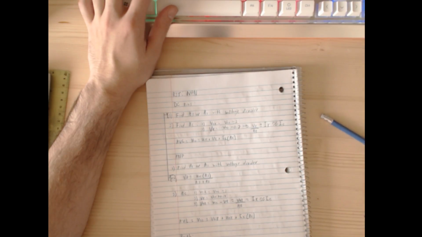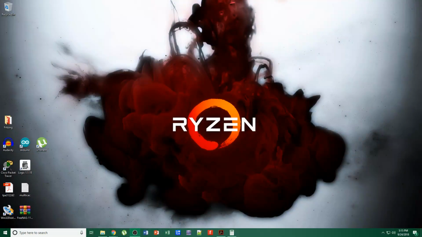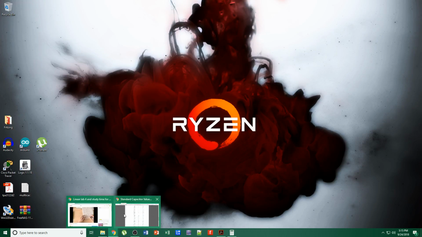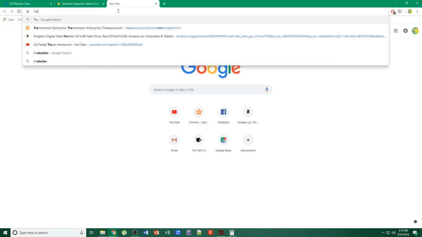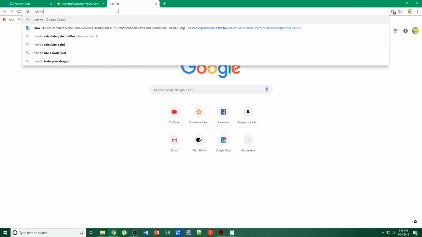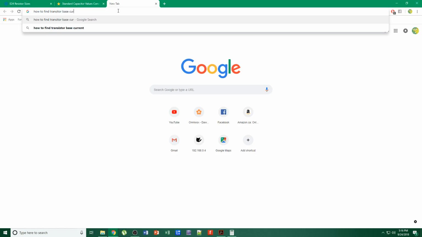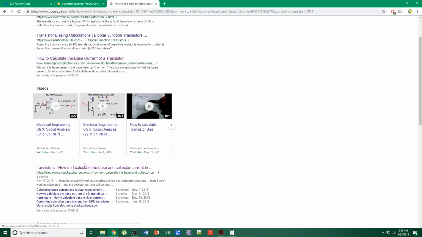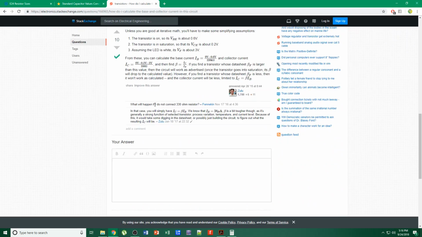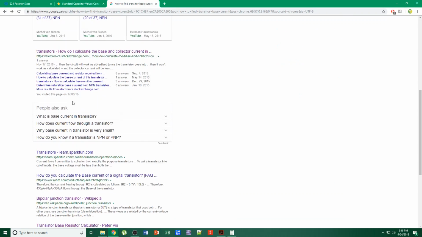Hold on. How to find transistor base current. I've used the same website 40 times, which tells you, no, not this one. This one's bad.